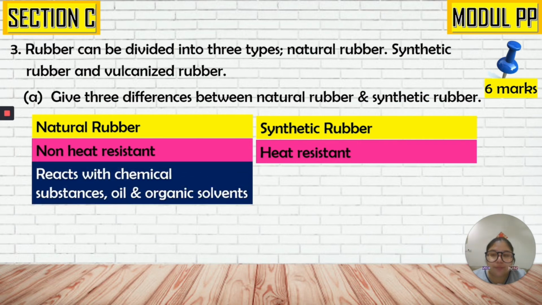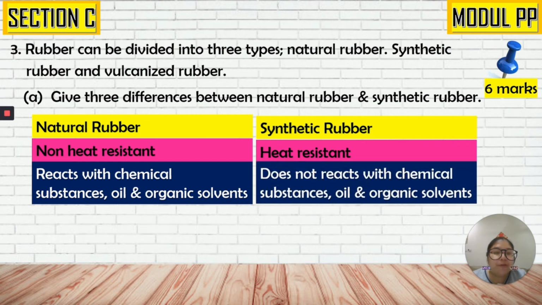The second one: natural rubber reacts with chemical substances, oil, and organic solvents. Any chemical put on the rubber, it gets a reaction. How about synthetic rubber? It does not react with chemical substances, oil, and organic solvents. They're just the opposite of natural rubber.